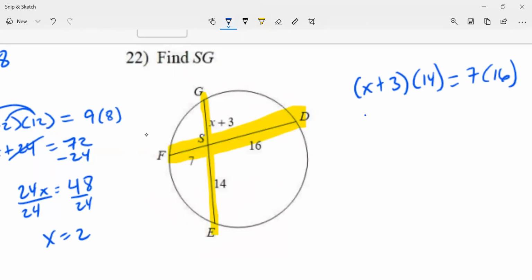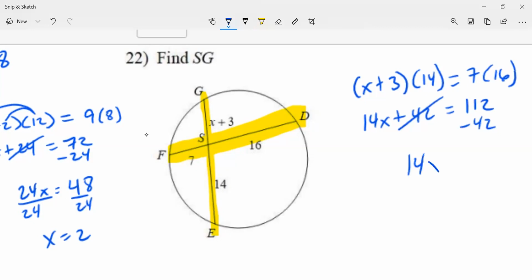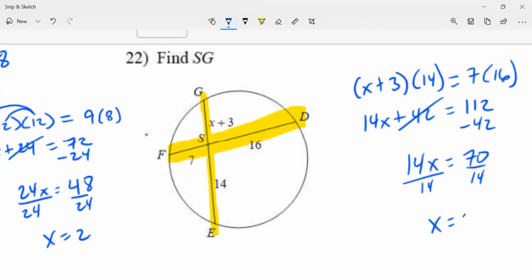On the left side, I have 14x plus 42. On the right side, 7 times 16 is 112. So this plus 42, let me move it over as a minus 42. That gives me 14x is equal to 70. Divide by 14, so x is equal to 5.